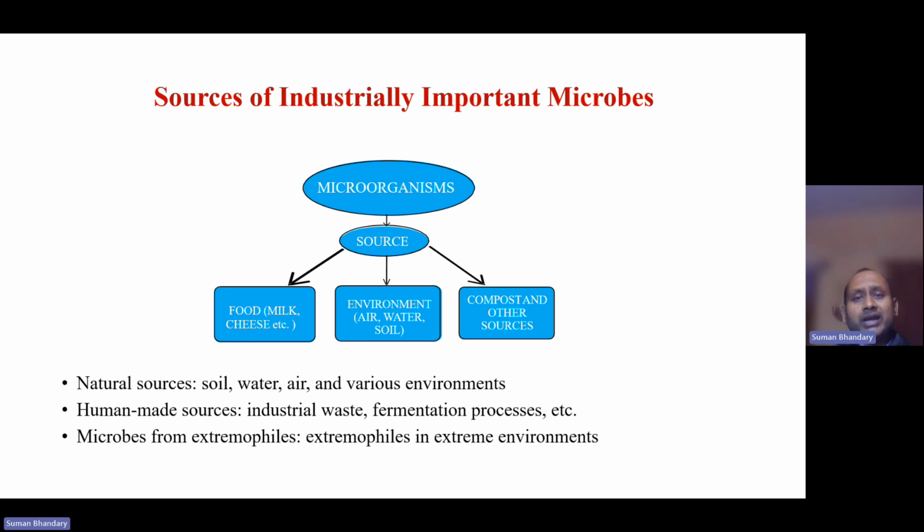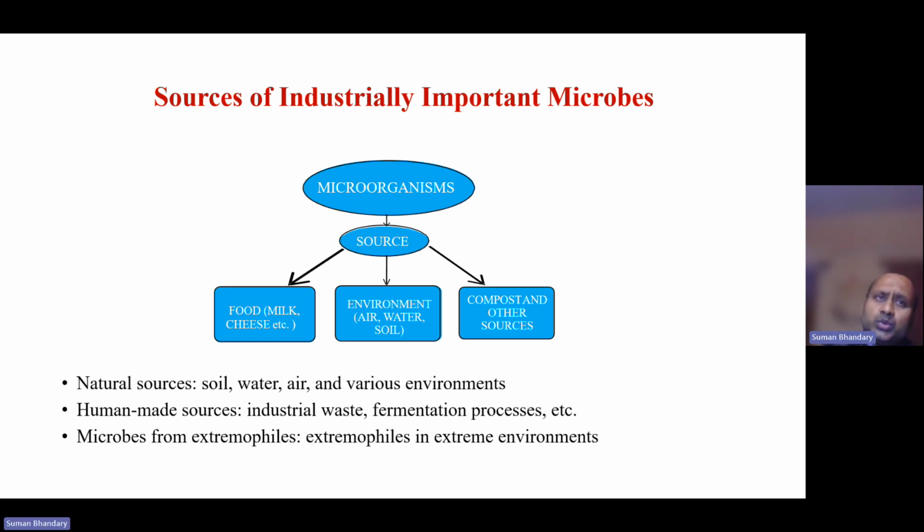Now from soil and water, if you enter into air, here you can see certain bacteria, which we call airborne bacteria, like Bacillus species, that are commonly found in the air and have industrial applications. Some fungi release spores into the air, and these have industrial uses.